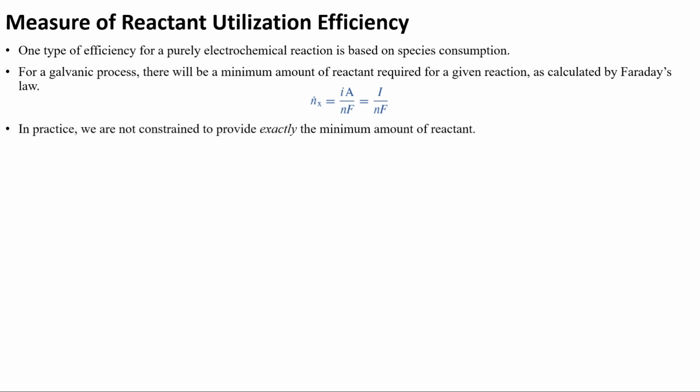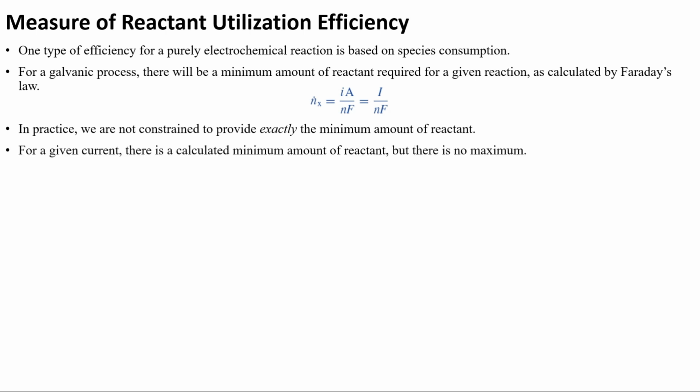In practice, we are not constrained to provide exactly the minimum amount, because some mass losses occur if we provide exactly the minimum amount of reactant. We always provide more than the minimum amount of reactant.